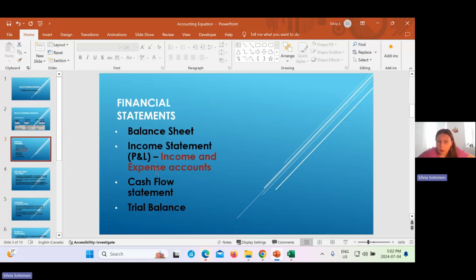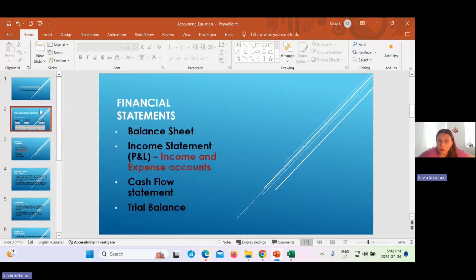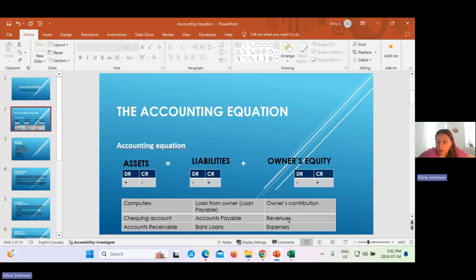But if we want to remember how revenue increases, if we think about revenue, the more revenues we have, the more the owner's equity increases in value. And the more expenses we have, the more the owner's equity decreases, okay?